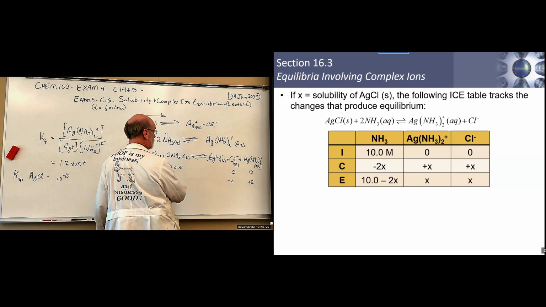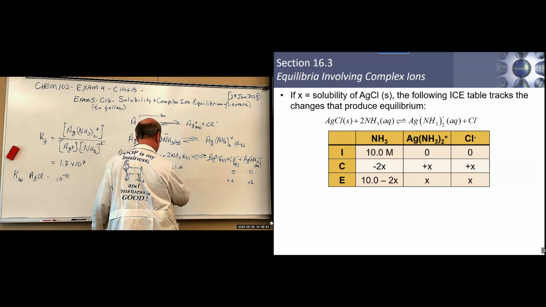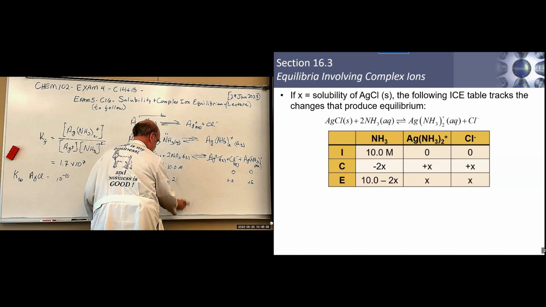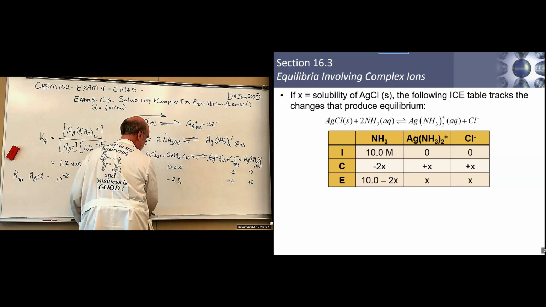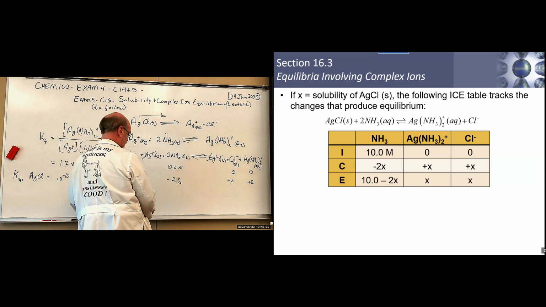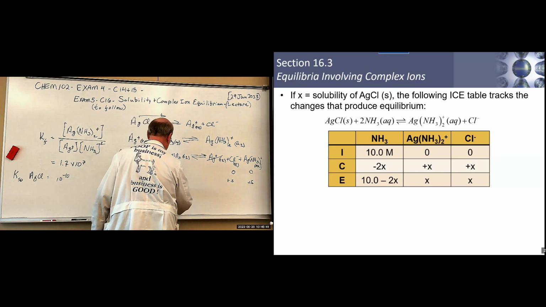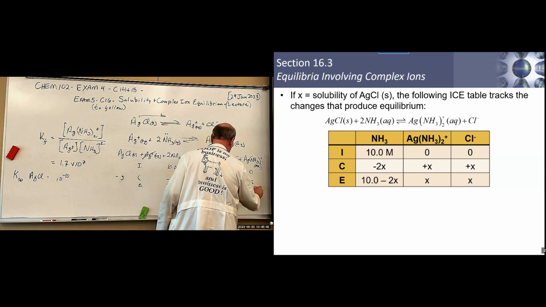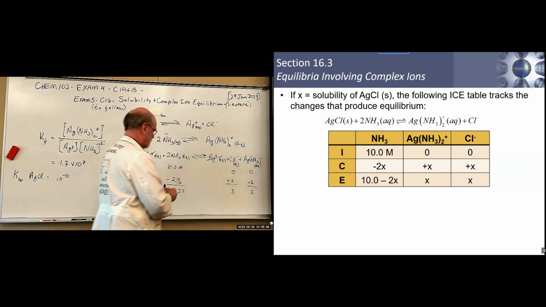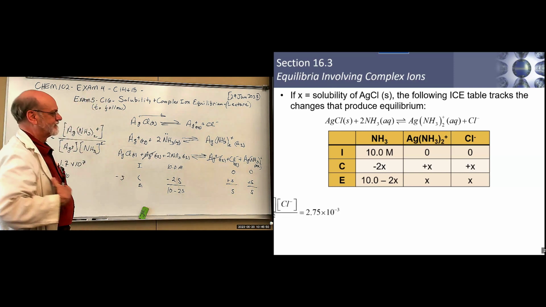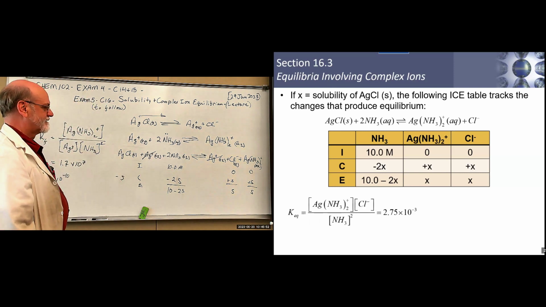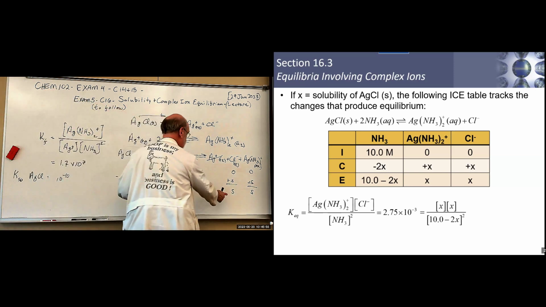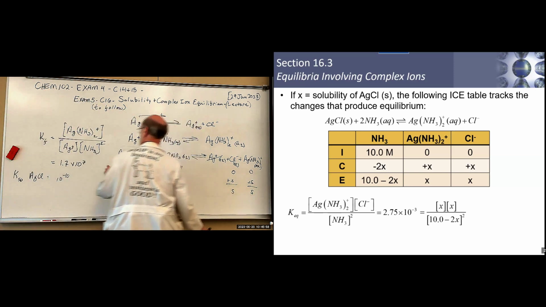So we're going to subtract, keeping my own convention. We're going to use up 2 of those. So that means we have 10 minus 2S here, and we have S here. So there's our expression. We get these 2 values.